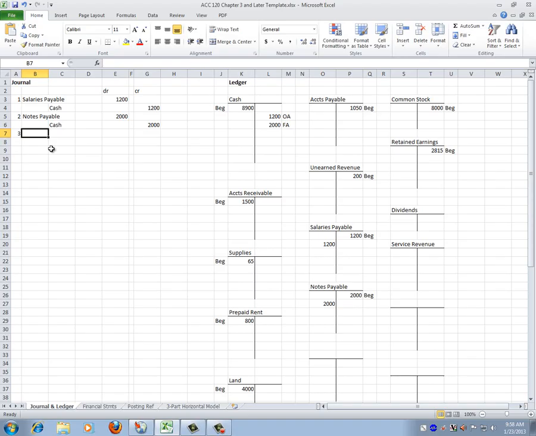as needed. Number 3, we performed $32,000 of security services, $21,000 on account, $11,000 for cash. So the cash asset goes up $11,000, and accounts receivable asset goes up $21,000.